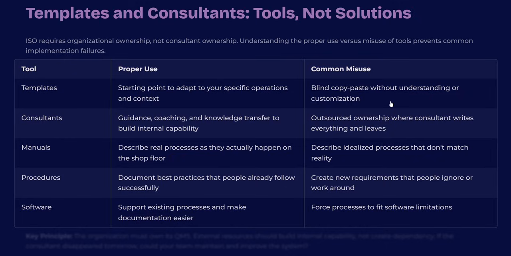Now the manual document. The proper use of the manual is to describe real processes as they actually happen on the shop floor. But the common misuse is that the manual describes idealized processes that don't match reality.